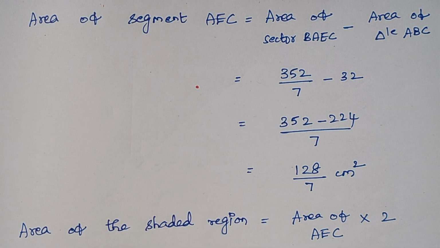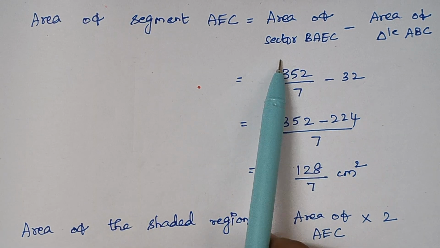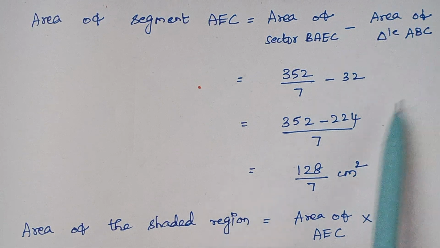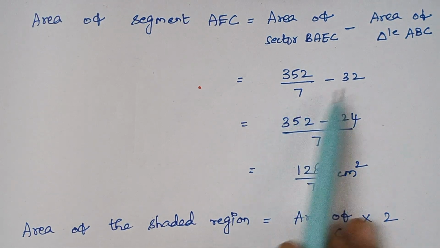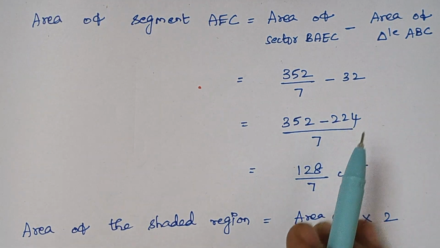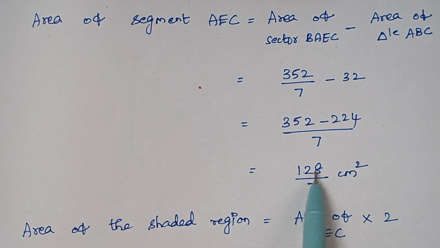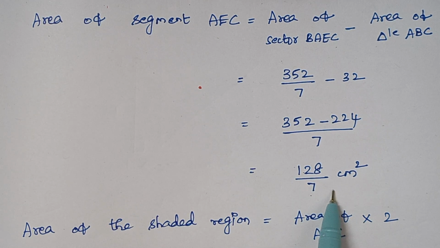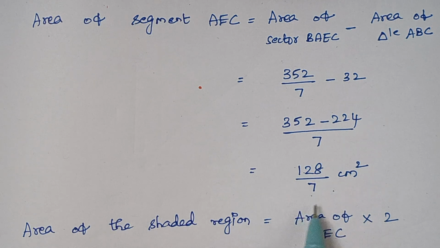So area of the sector minus area of the triangle, right? Just substitute the values, and once you take LCM and simplify, finally I am getting the answer as 128 by 7 centimeter square. And you see this is the area of half of the shaded portion, right?